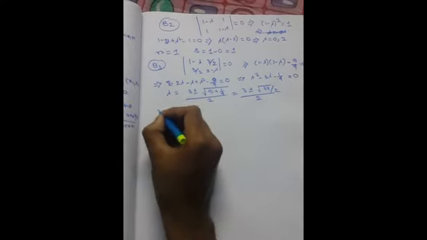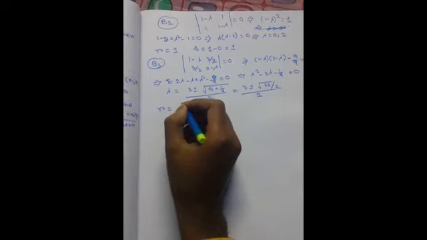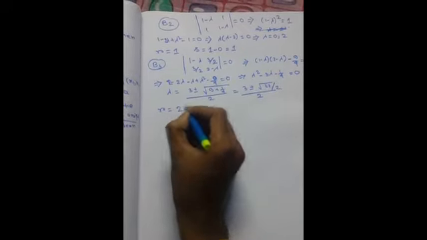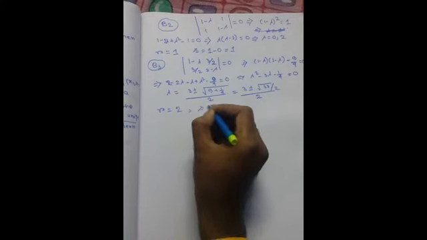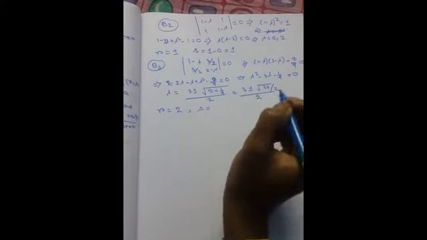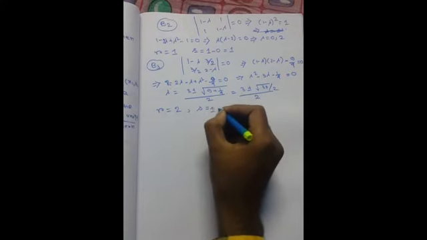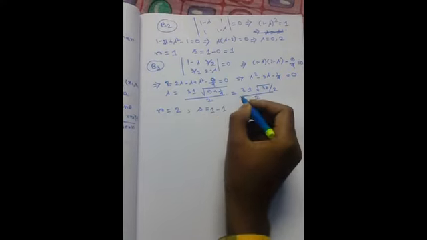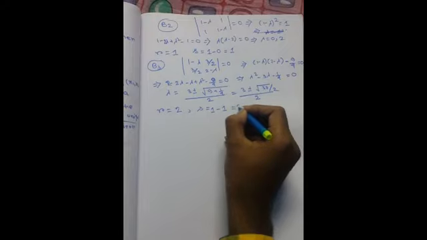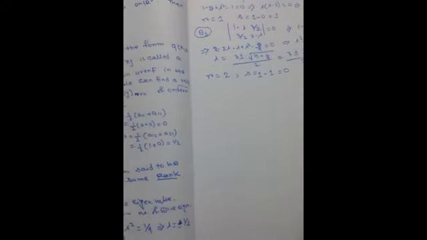So what is rank? Rank is equal to the number of non-zero eigenvalues. So here the number of non-zero eigenvalues is 2, and signature is the number of positive eigenvalues, which is 1, minus the number of negative eigenvalues, which is also 1. So we get 0.